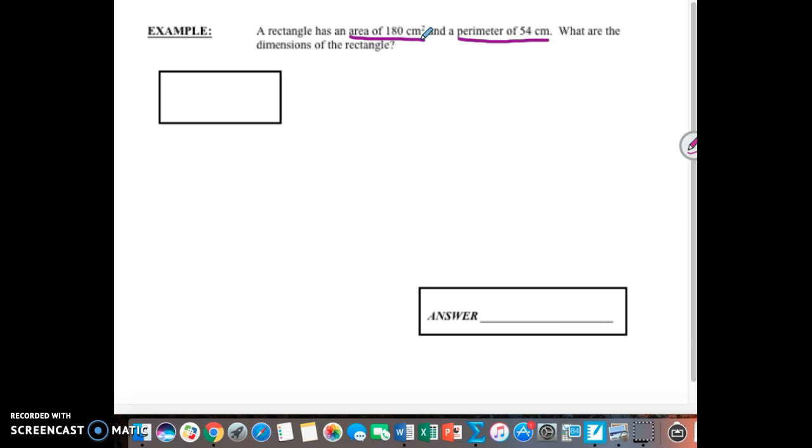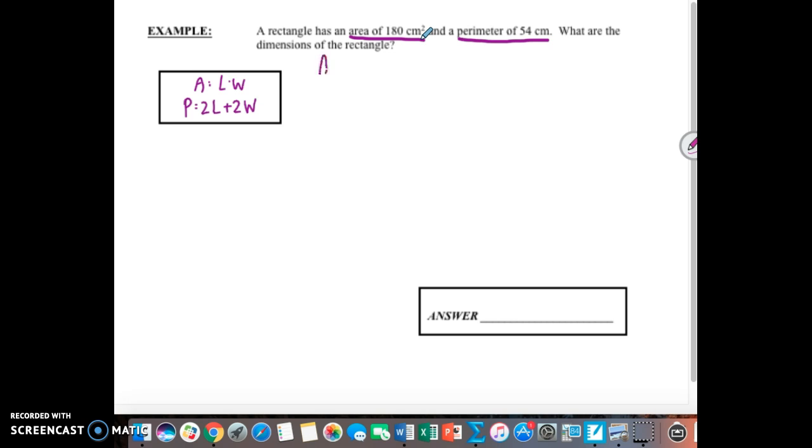So it's important to recall the formulas for area and perimeter. The area is length times width, and the perimeter is all four sides added up, so it's 2 times the length plus 2 times the width.